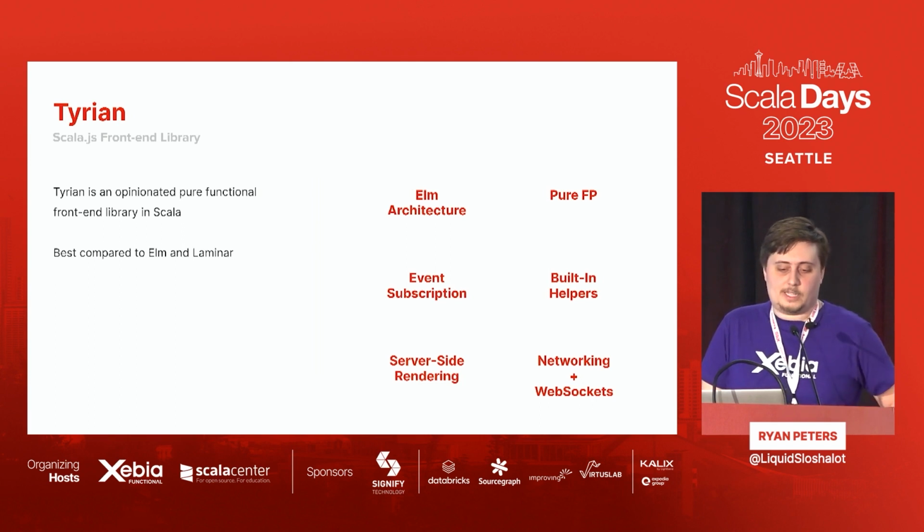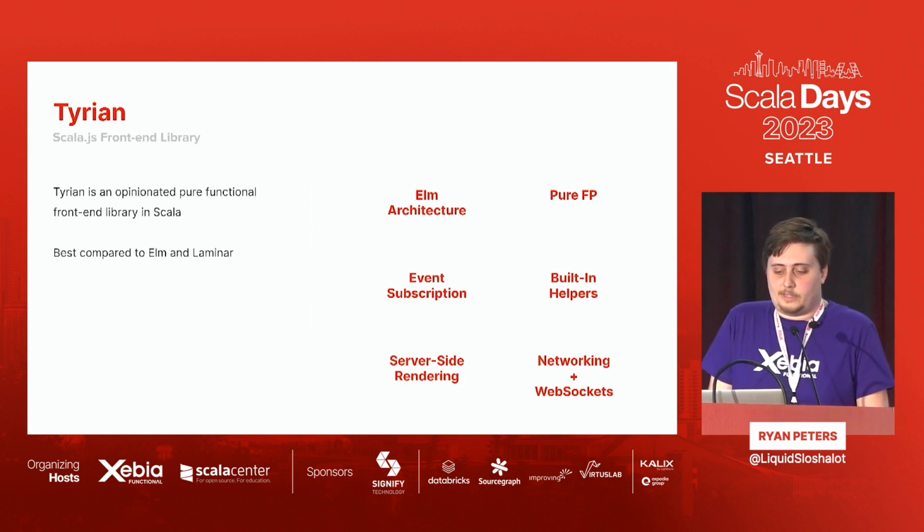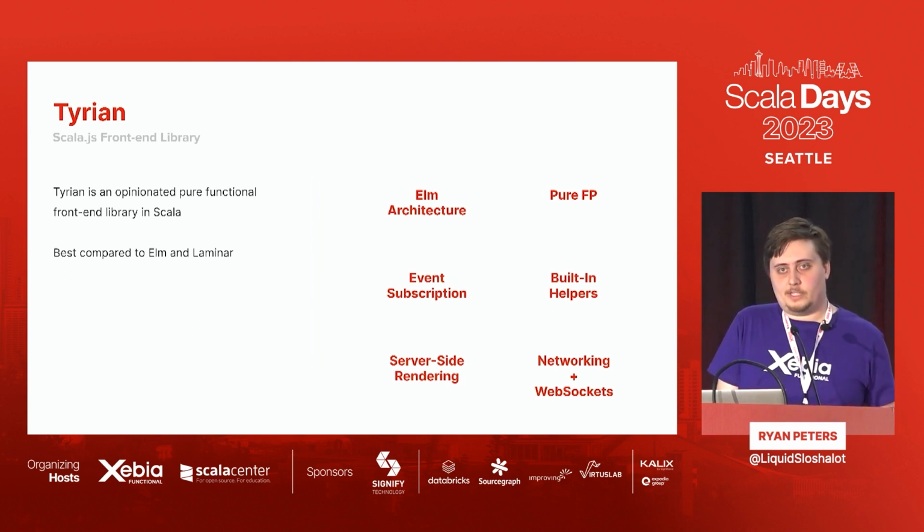So I'm using this library called Tyrian. And Tyrian is one of a million different Scala.js frameworks and libraries for defining front-end UI and state, mostly state, because the UI part's pretty easy. There's a million and a half other libraries for that too, including Scalatags, which was one of the first ones I ever used, which just renders raw HTML.